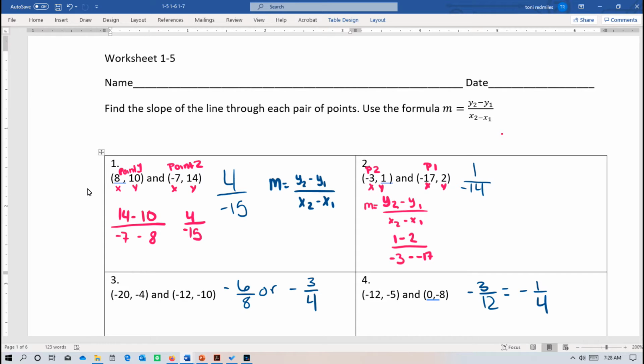See how I have that double negative? That's because the negative is on the 17, and in my equation I have a minus. Okay, so I'm going to have 2 back to back. On the top, 1 minus 2 is -1. On the bottom, these are going to go to positive. All right, -3 plus 17. I owe $3, but I just got paid 17. So after I pay off my debt, I'm going to have $14.